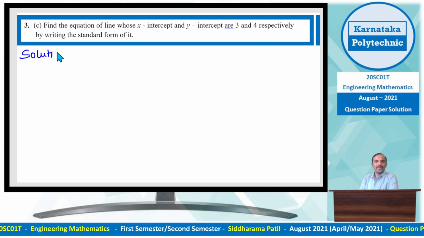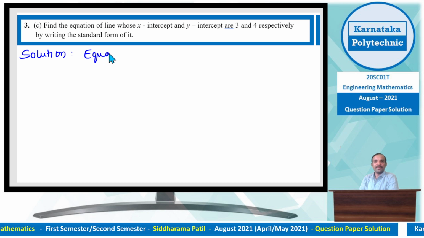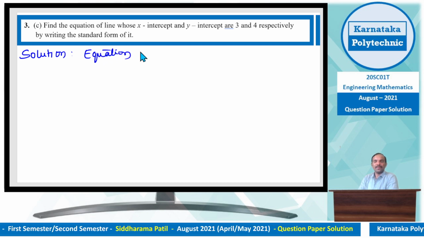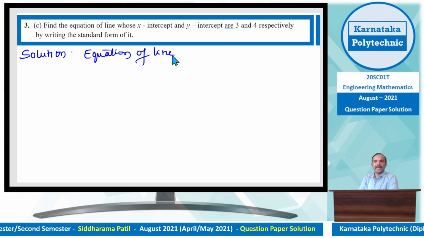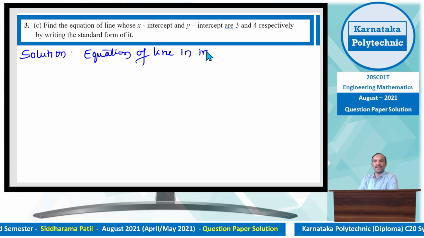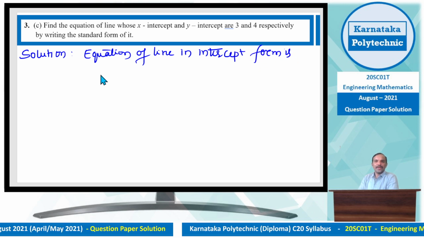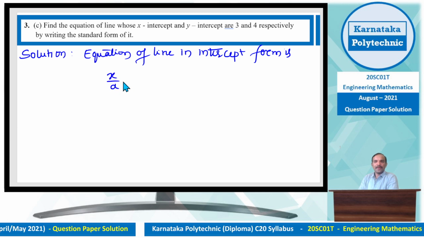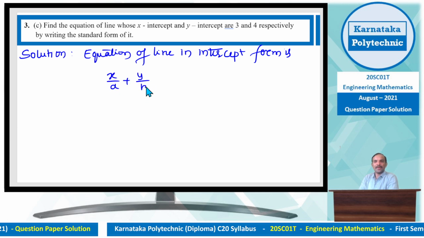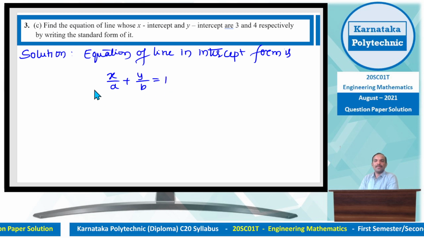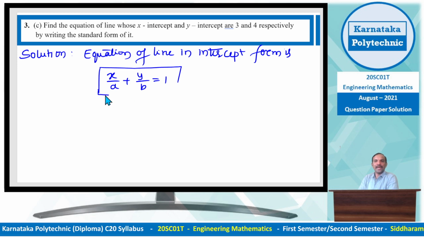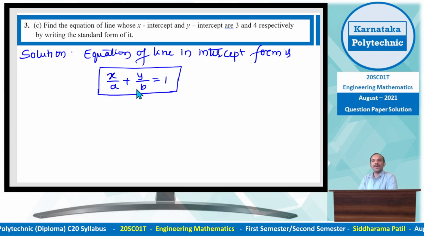The equation of a straight line in intercept form is x by a plus y by b equal to 1. It is the standard form. Here a is the x-intercept and b is the y-intercept.